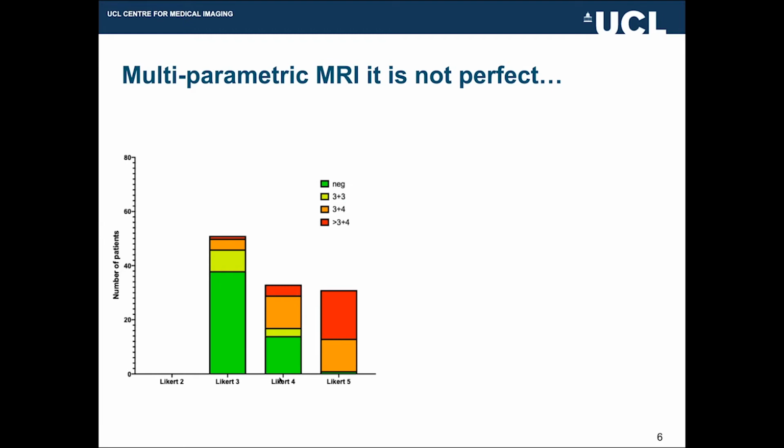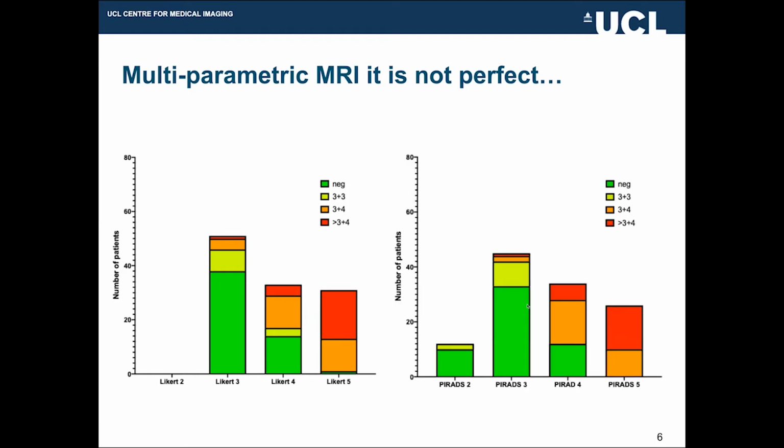It's very difficult. You could try rescoring with PIRADS, and these are the same men rescored with a different scoring system, but the problem still persists. And this is already after you've taken out men by using PSA density as a secondary measure, removing men with low PSA density from having biopsy. So this problem isn't going to go away, and it needs to be addressed.